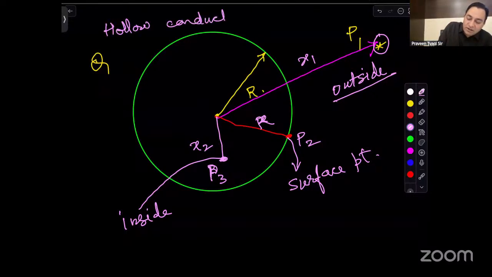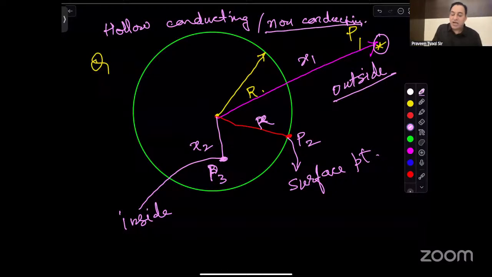Conducting, or for that matter, it can be non-conducting also. The only difference is, if it is non-conducting, we cannot guarantee that the charge will automatically get uniformly distributed. If it is conducting, I give it a charge Q, it will get uniformly distributed. If it is non-conducting, then we have to uniformly distribute the charge ourselves.